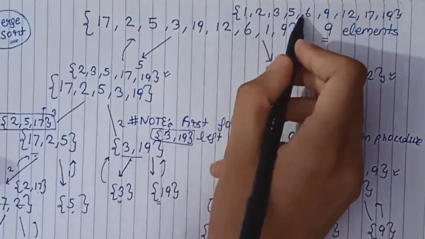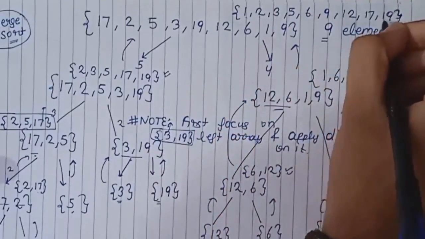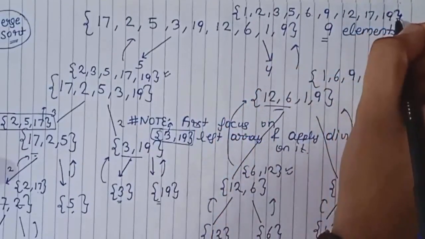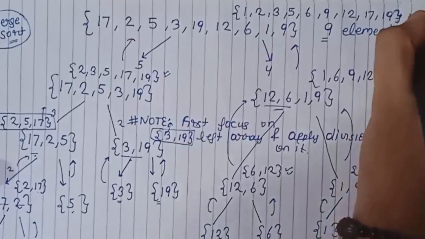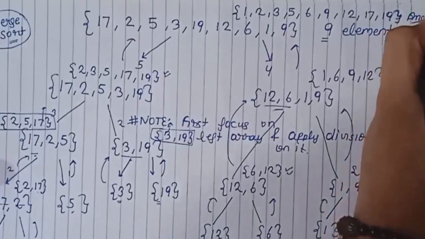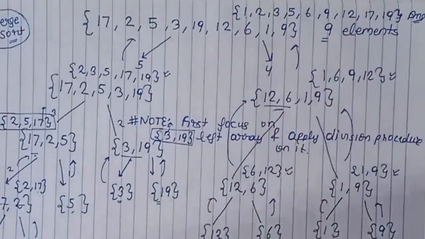You can note that this is the 9 element array that we have earlier taken, and now at the final step we have got our sorted array. So this is our final answer, and in the final answer I have got my sorted array.